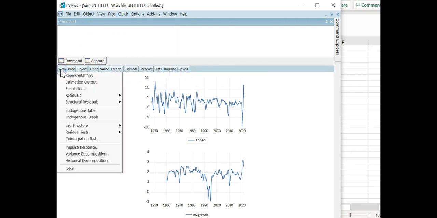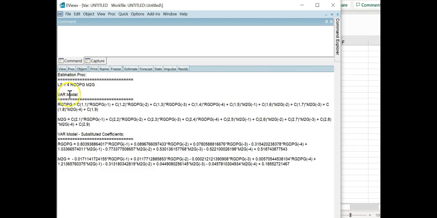If you're interested, here are the actual equations that have been estimated here. A couple different versions of that. So I encourage you to look around through this. If you're not familiar with EViews and vector autoregressions, then this is a good time to flip around. As far as the homework problems go, like I said, the impulse responses and your interpretation of them are the most important part of that.